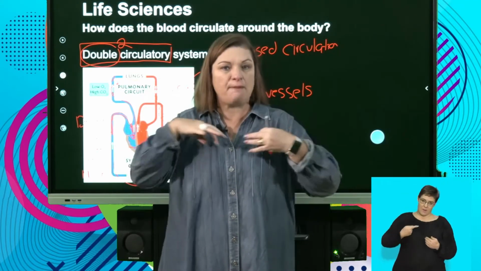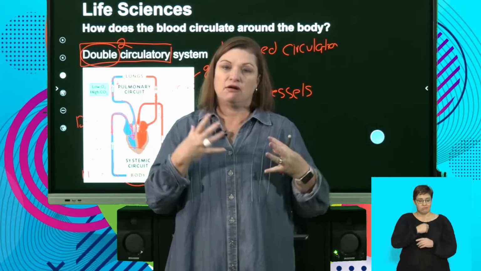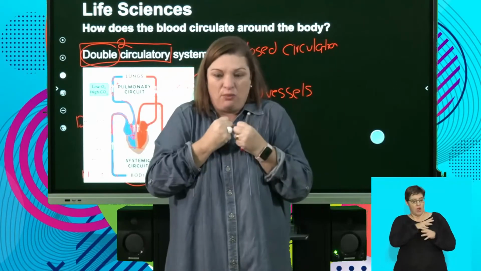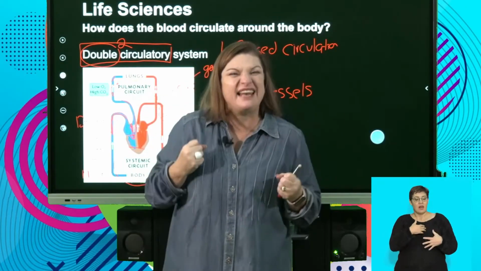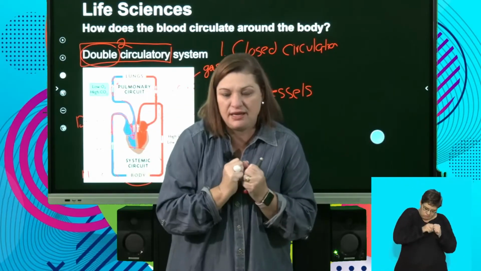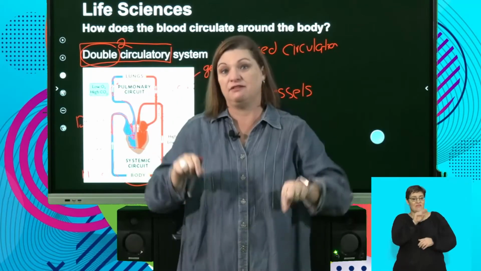Now remember, this is happening all at the same time. It comes into the heart, and the heart then takes it, and that's why we need this pump. Remember, the left-hand side of the heart was nice and thick, and we squeezed everything out through these blood vessels.